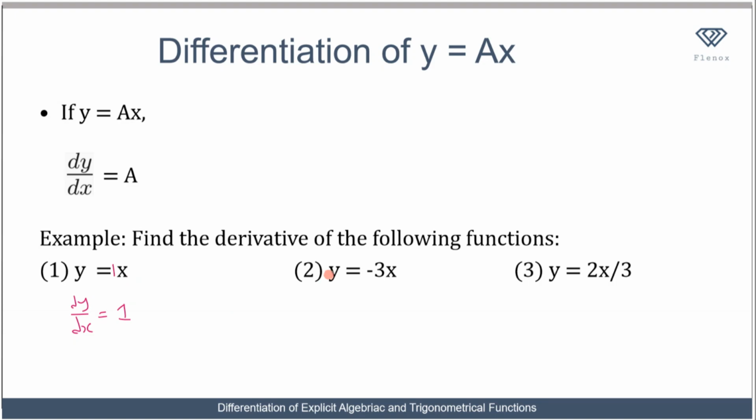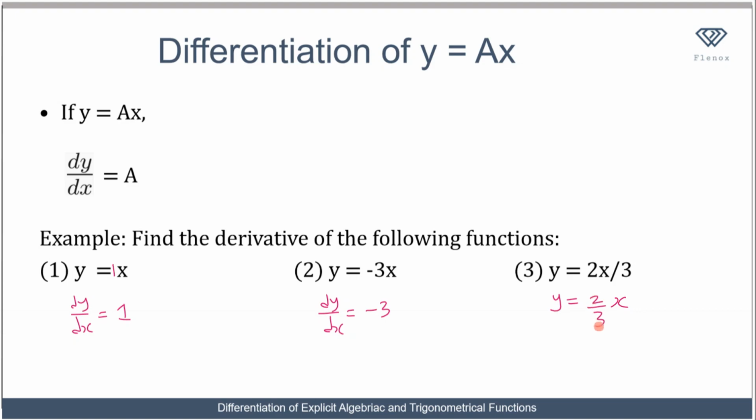So let's look at this example. y is equal to minus 3x. So dy over dx will be equal to what? The coefficient of x here is minus 3. So dy dx will be minus 3. And here we are told that y is equal to 2x over 3. If I write that out properly, I can also write it as 2 over 3 x.